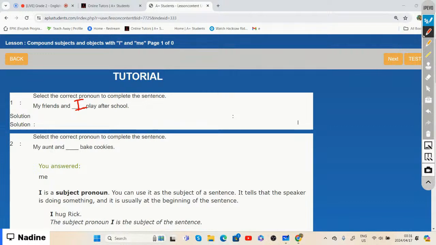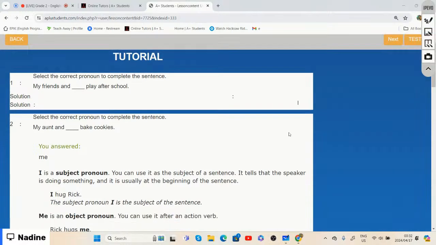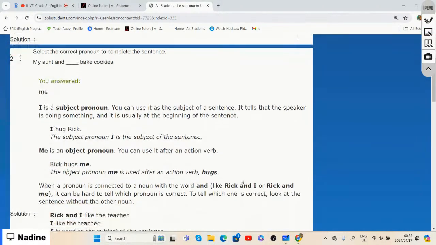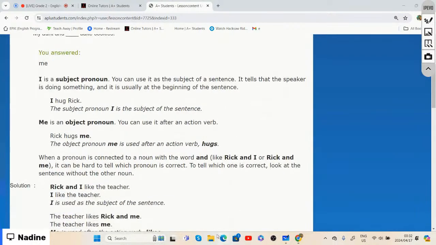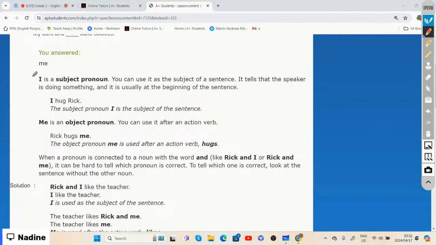All right. So we said we have subject pronouns and we have object pronouns. Okay. So now if we're going once again to a subject pronoun, right? We said a subject pronoun is words like I. So I is a subject pronoun and it is usually at the beginning of a sentence, right?